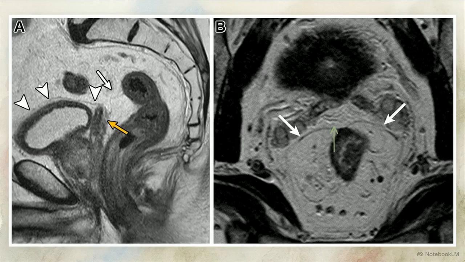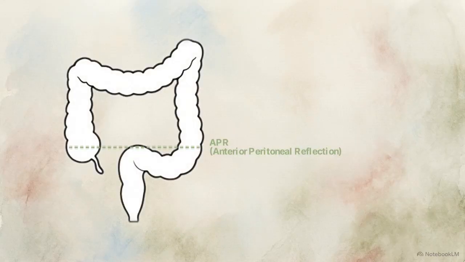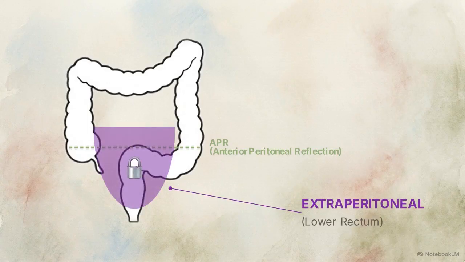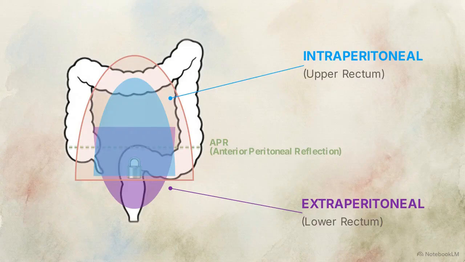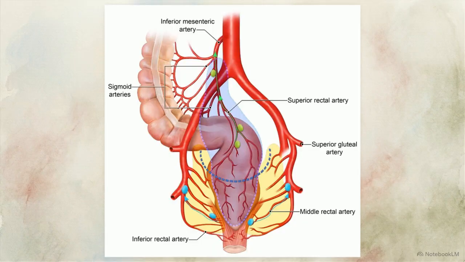This is the exact point where the visceral peritoneum, the membrane enveloping the abdominal organs, reflects off the bladder and seminal vesicles, or uterus, and attaches onto the anterior rectal wall. The APR strictly subdivides the rectum into two distinct zones. Below the reflection is the extraperitoneal lower rectum, sitting outside the peritoneal cavity. Above it is the intraperitoneal upper rectum, which is suspended inside the cavity.